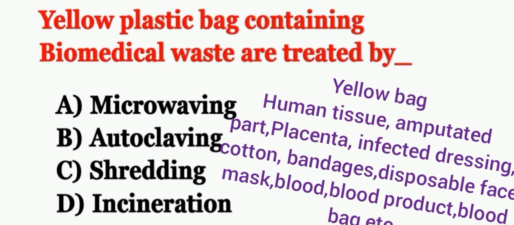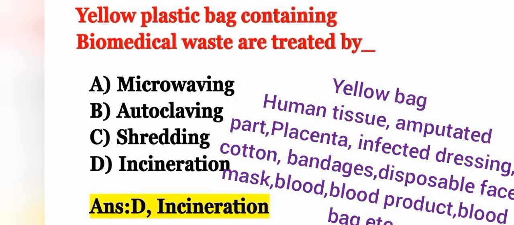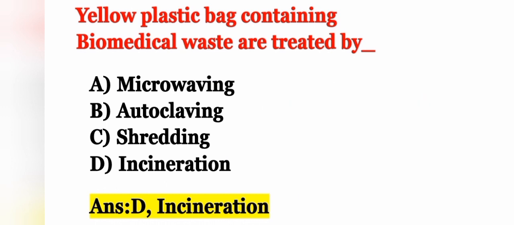The biomedical waste in the yellow bag contains human tissues, amputated parts, placenta, infected dressings, cotton, bandages, disposable face masks, and all blood-related products, that is blood bags. Everything is kept inside the yellow bag. This yellow bag with waste is treated by incineration. Option D is the correct answer.